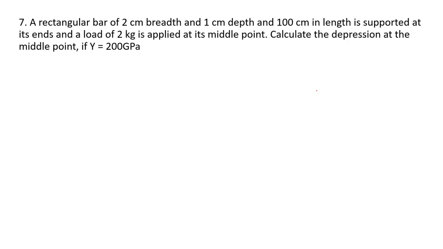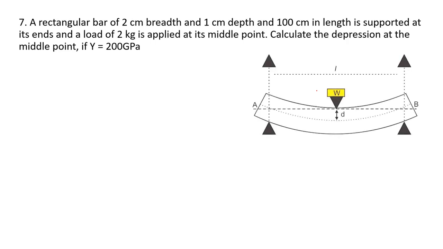Calculate the depression at the middle point. Now, this is the case of non-uniform bending, when the weight is given at the middle and the bar is supported by 2 knife edges. So we are asked to find the depression at the middle point.